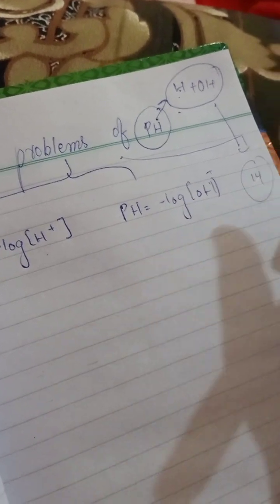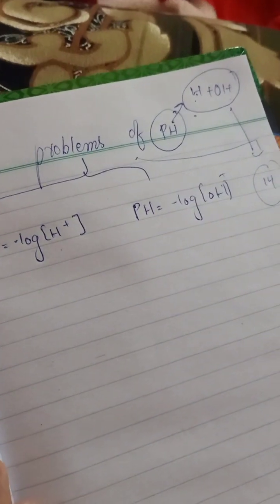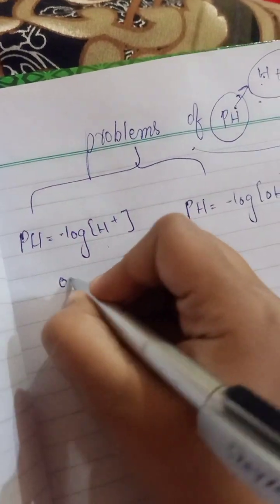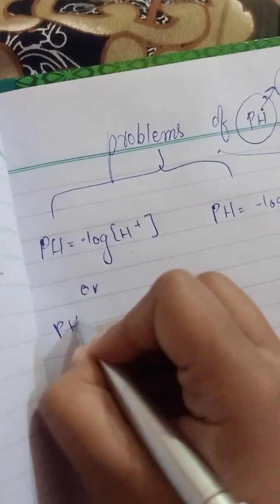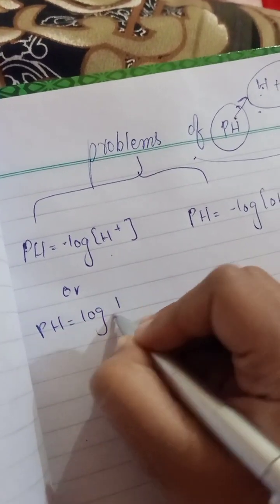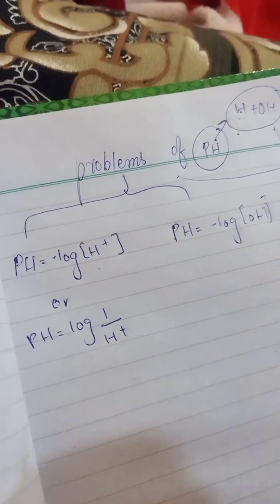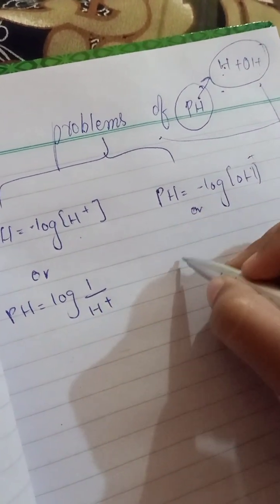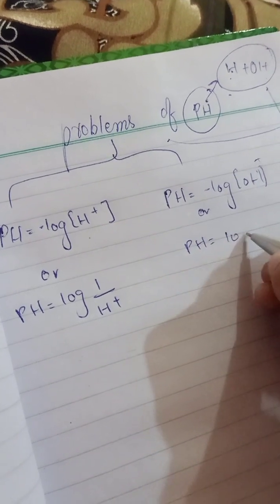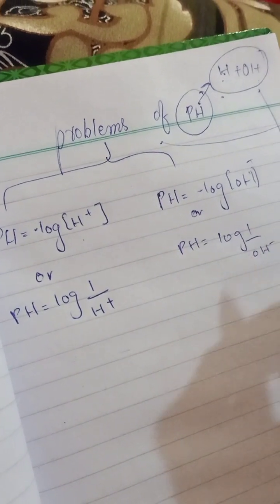That is clear, because in the previous video we discussed all this in very detail. Or you can write pH is equal to log 1 upon H plus, or pH is equal to log 1 upon OH ion.